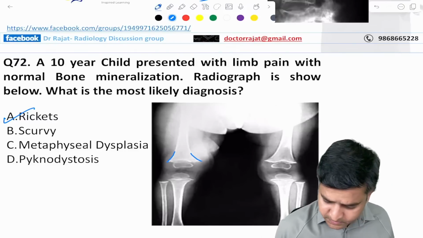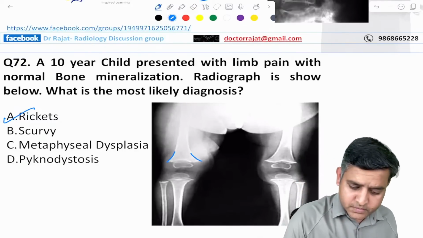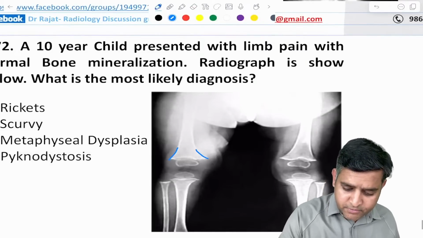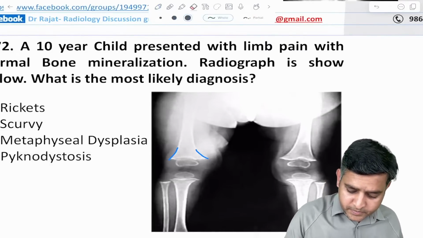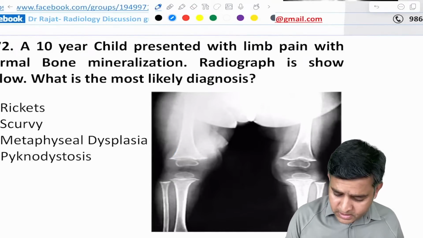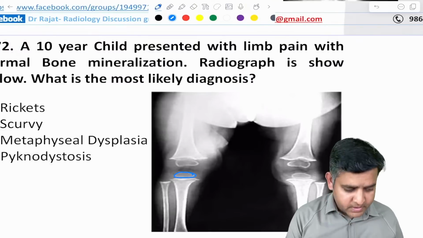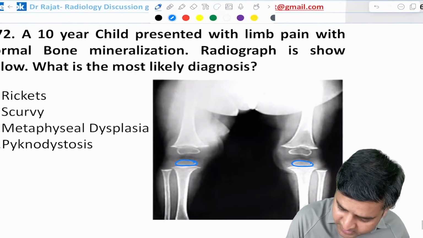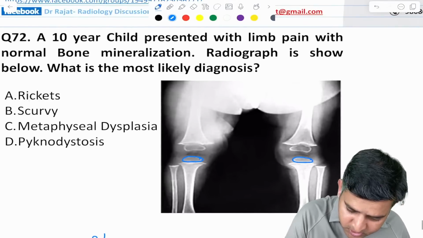Wait. Sorry. My fault on this. There is a ring shape epiphysis over here, and this is not rickets.